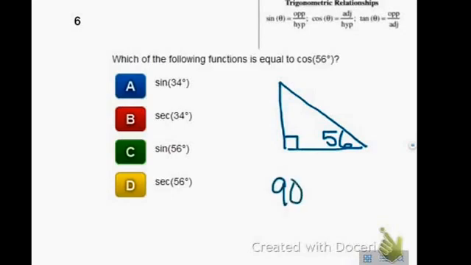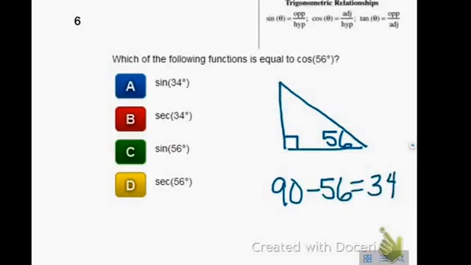Number 6, which of the following functions is equal to the cosine of 56? It might help if you draw a right triangle. If you put 56 degrees here, you know this is a 90-degree angle. So to find the other acute angle, you would have to subtract 90 minus 56, which is going to give you 34.